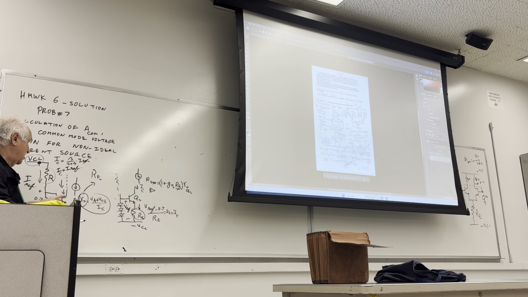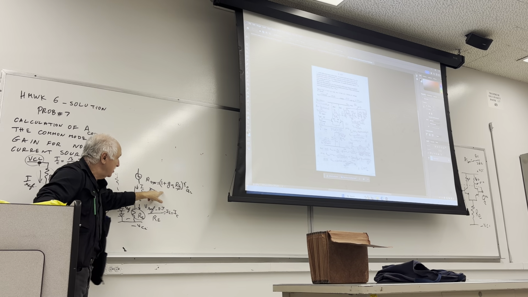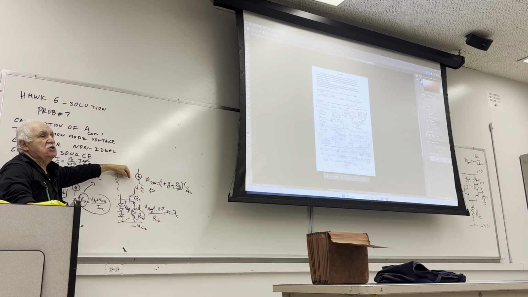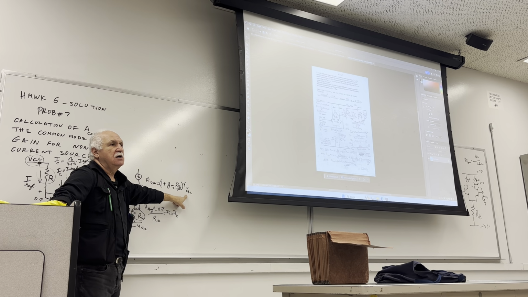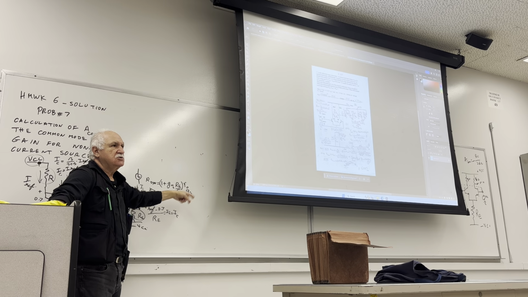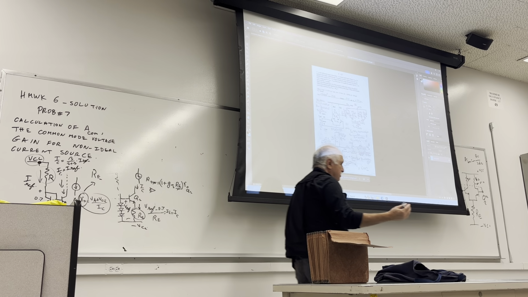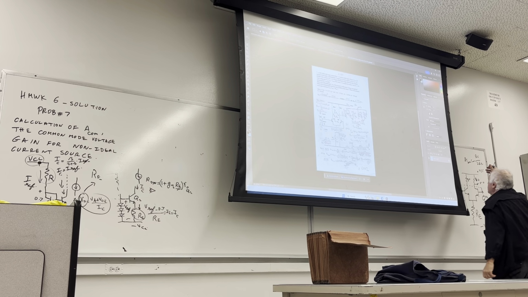Here, the collector emitter resistance is enhanced by this quantity and shows as the dynamic resistance of that current source, which is significantly high. Okay, so those are the variations. If you understand, you can work with it. That's how to use it, that's what the formula is.